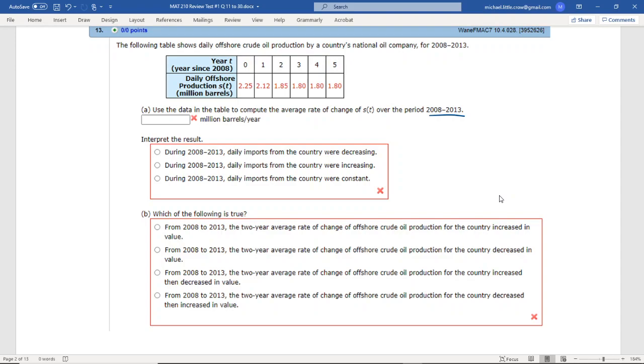So it's 2013 there, it's 2008 there. So the 2 points are the 2 endpoints. So we have 1.0, 2.25, another 0.5, 1.80, and we can subtract these two.